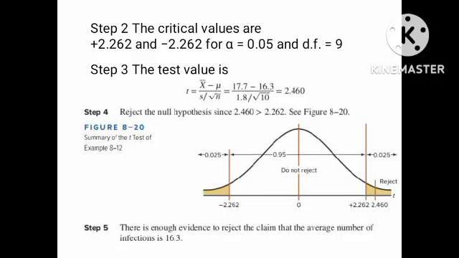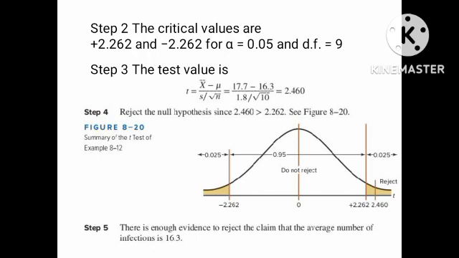And step 3, our test value. t, which means test value, equals the sample mean minus the population mean, over the sample standard deviation over the square root of the sample size.